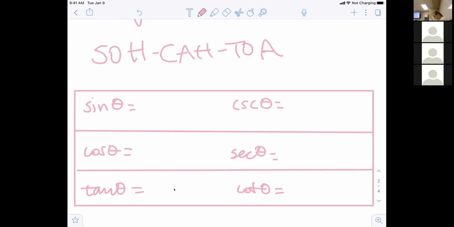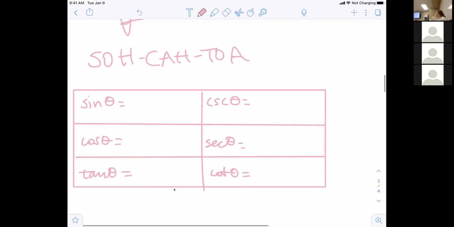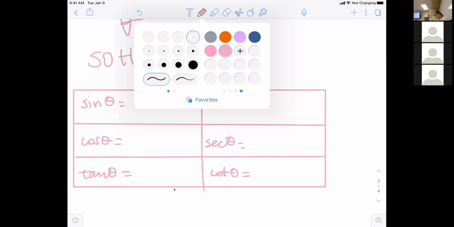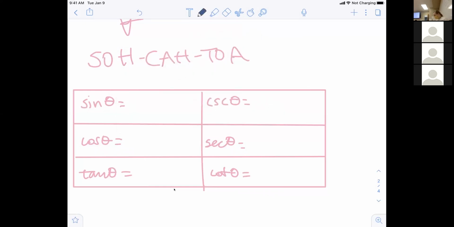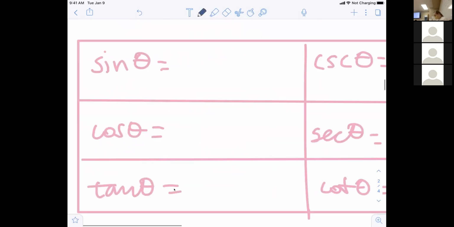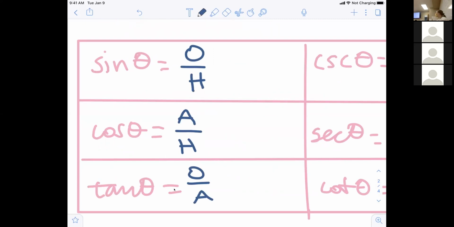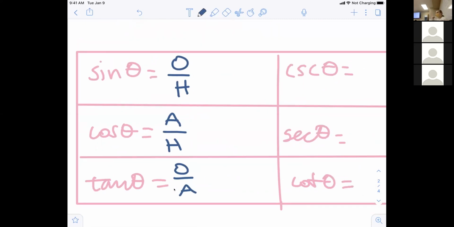Again, we want our reference sheet to have as much information as we can on it. You can draw a triangle next to it if you want, but I think it's easiest to just remember what our ratios are. Sine is opposite over hypotenuse, cosine is adjacent over hypotenuse, tangent is opposite over adjacent, and then we reciprocal all of them.